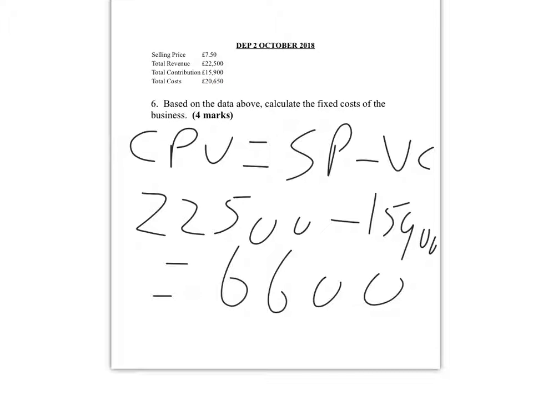So then all you have to do is 20,650 minus the 6,600, and then that will obviously give you your remaining costs, which are your fixed, which is the answer. So therefore, we should have got an answer of 14,050.